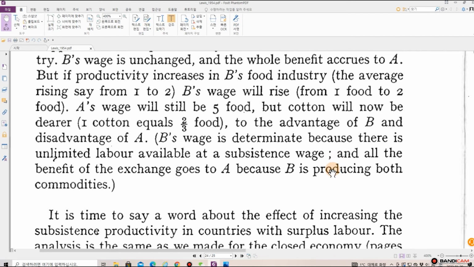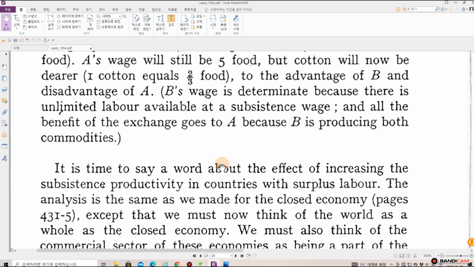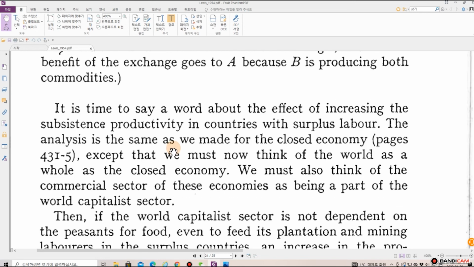A's wage will still be 5 food, but cotton will now be dearer: 1 cotton equals 2/3 food. This is to the advantage of B and disadvantage of A. B's wage is determinate because there is unlimited labor available at a subsistence wage, and all the benefit of the exchange goes to A because B is producing both commodities.